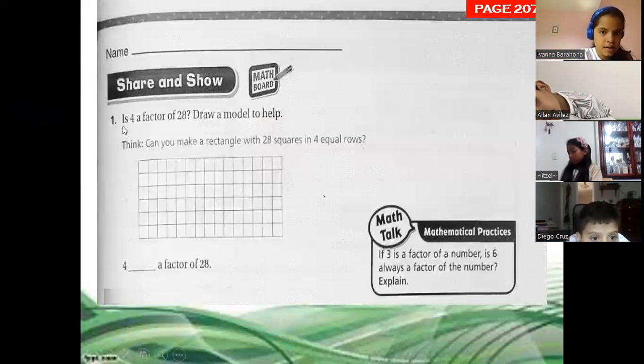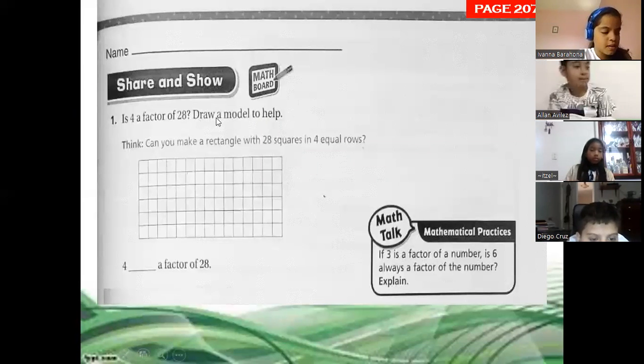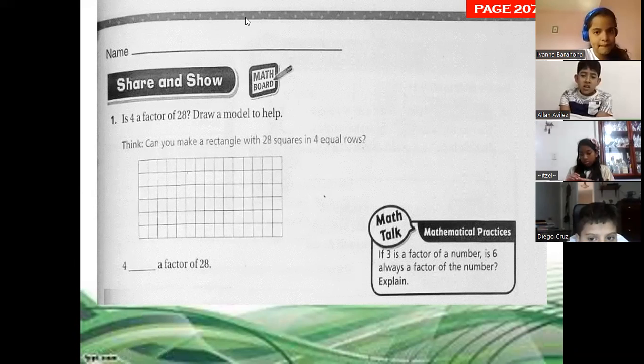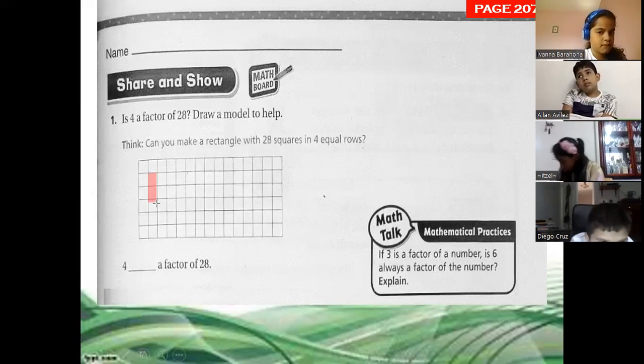Color. Is 4 a factor of 28? Draw a model. So what do we have to do? We have to color 4 rows. See, this is one. Remember, rows is like this. This is 1 row, 2 rows, 3 rows. Okay, so 4. So let's count by 4, or let's multiply by 4. 4 times 1, 4.